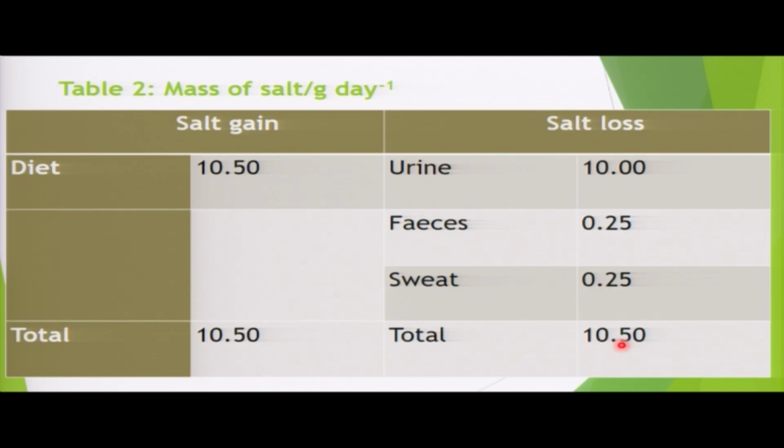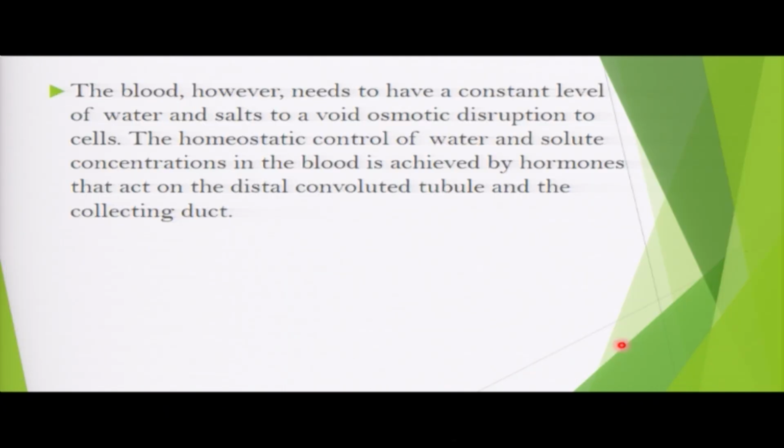Are you okay? Are you getting something? Nice. So, actually, blood needs a constant level of what? Of water and salts. To avoid what? To avoid this osmotic disruption to the cells. Because when there is a problem of a high amount of water which is not balanced, our cells are not going to work well, even when the salts are too much.